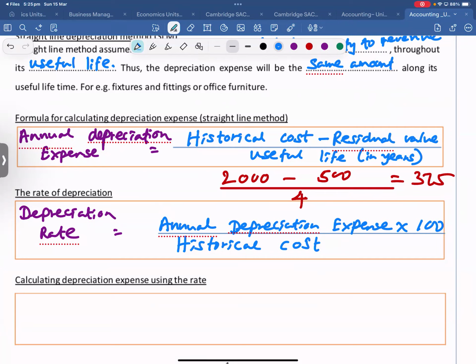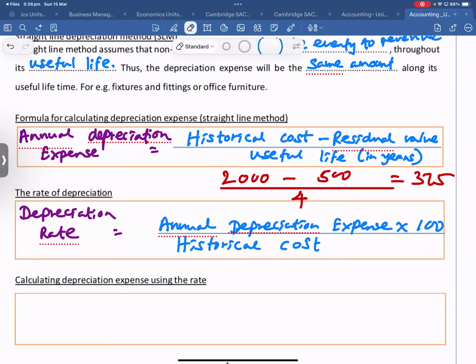You can do it that way also, but if you got the depreciation rate based on the total depreciable value, then when you calculate the proportionate depreciation expense, you have to multiply the rate by the depreciable value as well, rather than the historical cost.